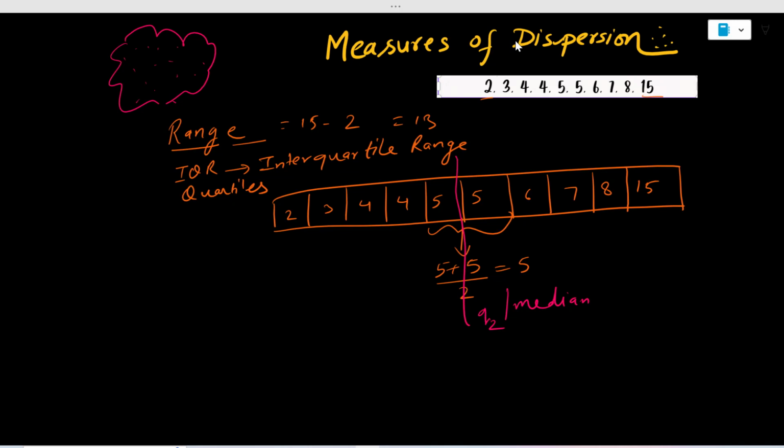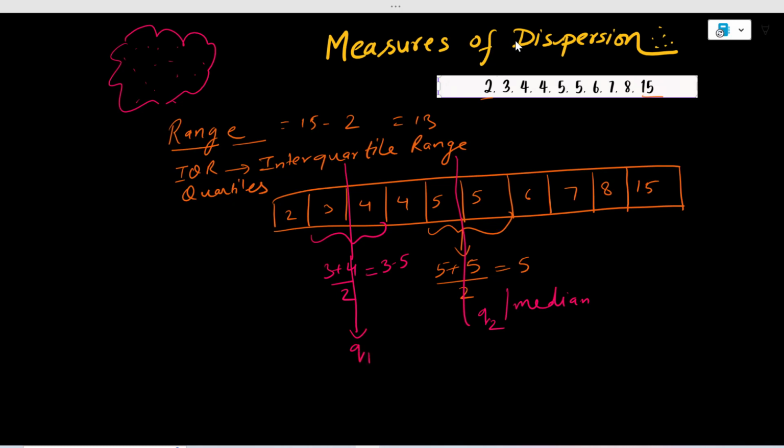The 50% of data which is below the median, we will again divide into 2 parts. So there are 4 data points. Again we will find the median of these, and we have 3 plus 4 divided by 2 is equal to 3.5. So the median of the lower half is called Q1, the first quartile.